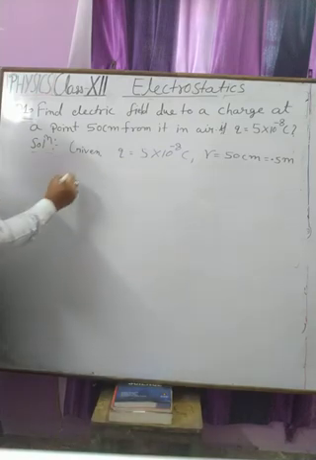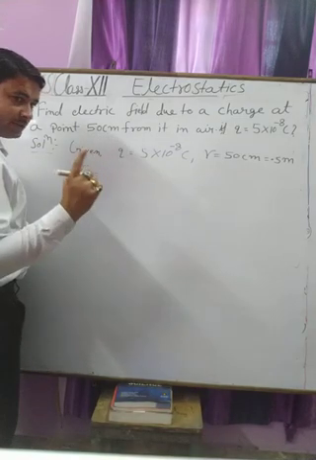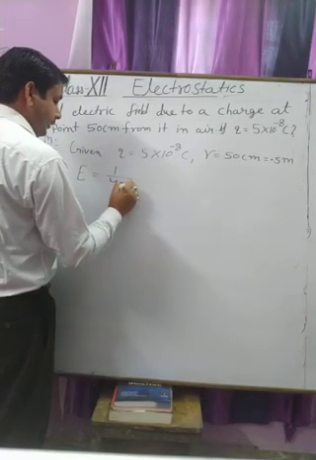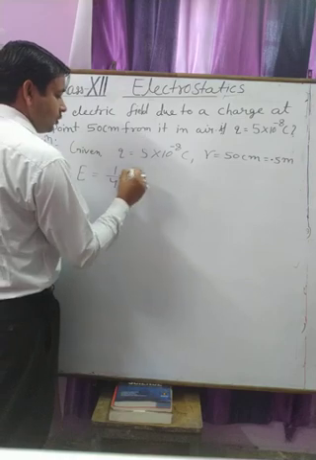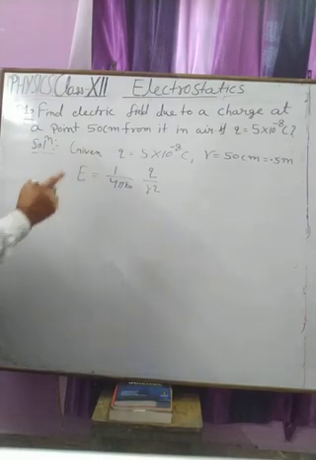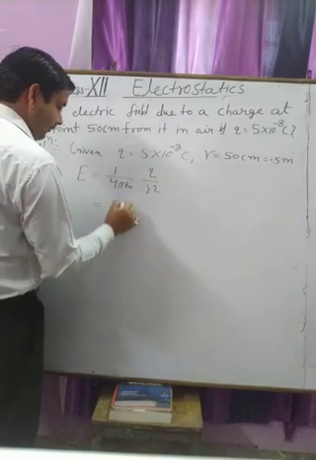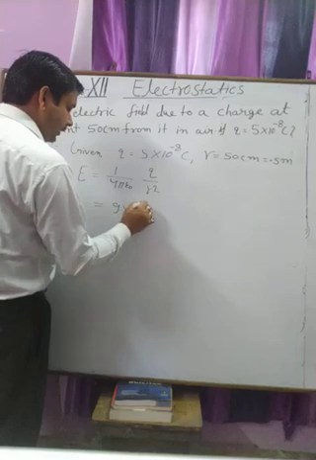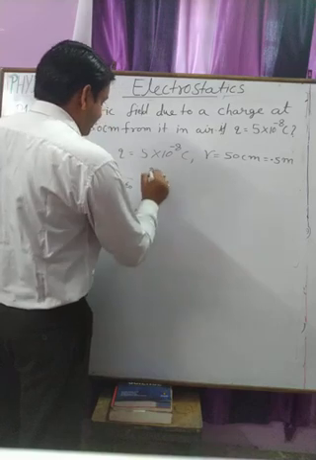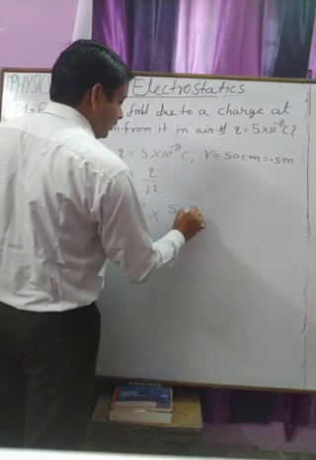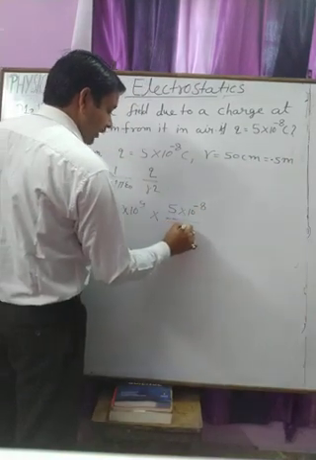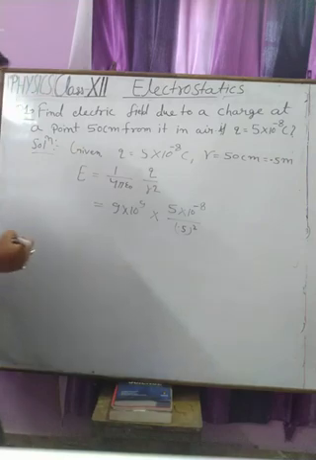So by using the formula for the point charge electric field, we have E equal to 1 upon 4 pi epsilon naught q upon r square. By putting these values in this, we have 9 into 10 to the power 9 in place of 1 upon 4 pi epsilon naught, and this is 5 into 10 to the power minus 8, and this value is 0.5 square.